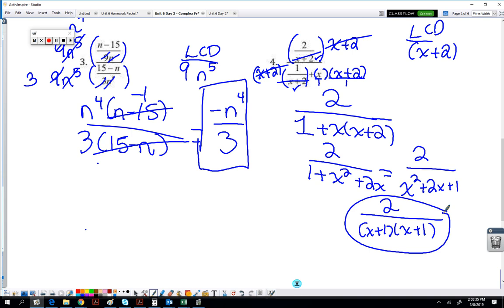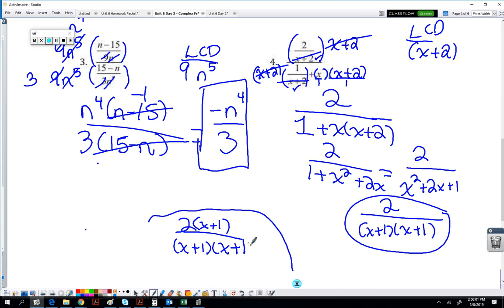You might say to yourself, why do I need to factor it down? The reason you want to factor it down more is that sometimes you could be able to simplify things out. So let's just say, hypothetically, this is a different problem. Let's say when you did it all said and done, you're left with x plus 1 on top, and then you had x plus 1, x plus 1.